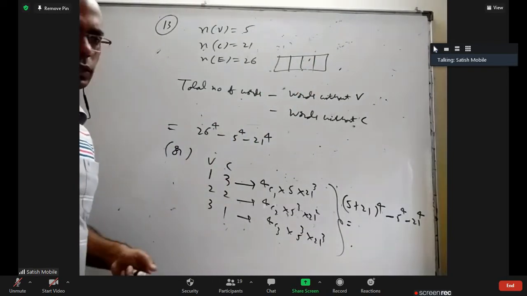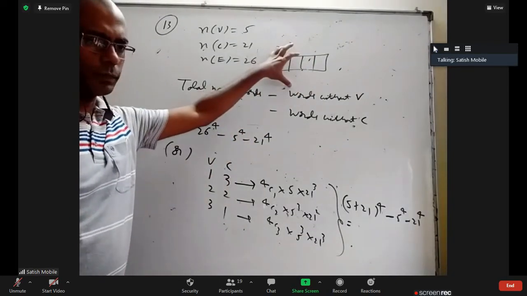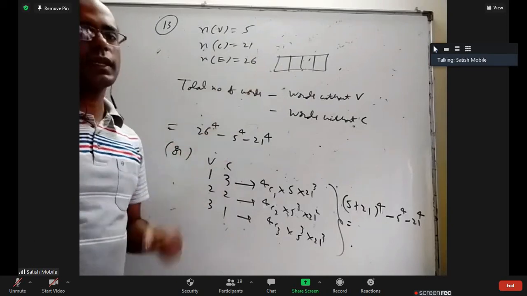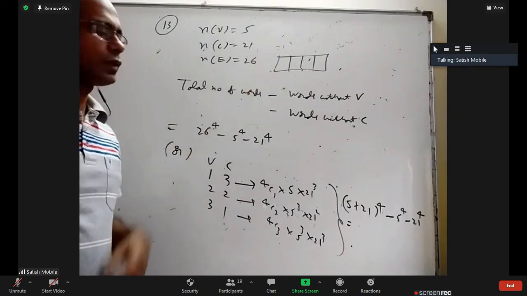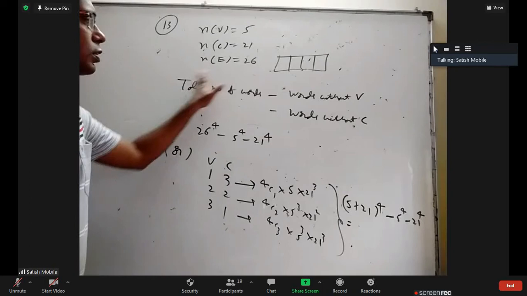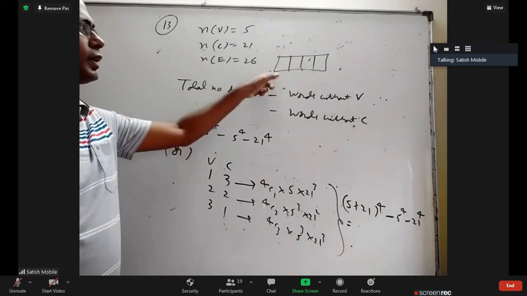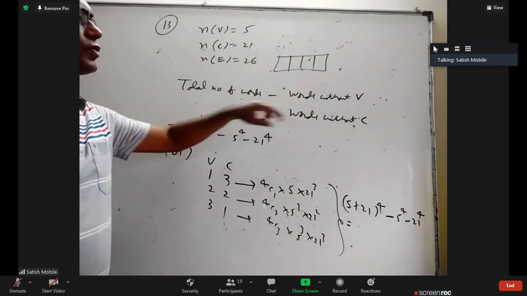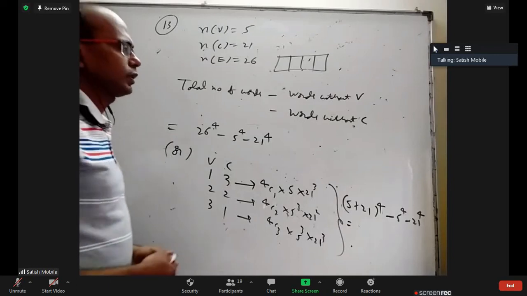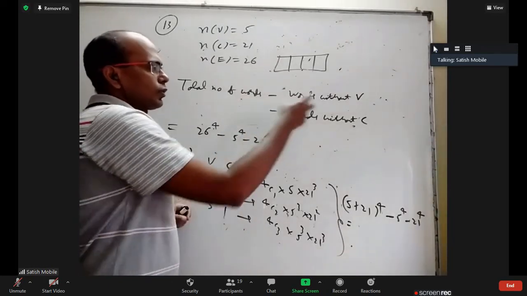The question is, how many words are there where at least one vowel and at least one consonant is used? So we are doing it by the negative method. Total number of all 4-letter English words that can be made, minus those without any vowels, minus those without any consonants.